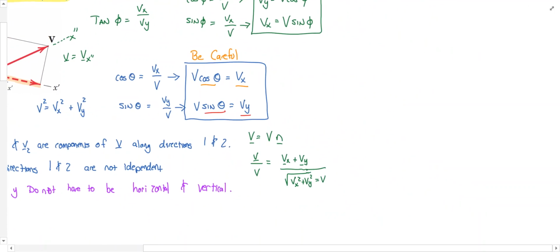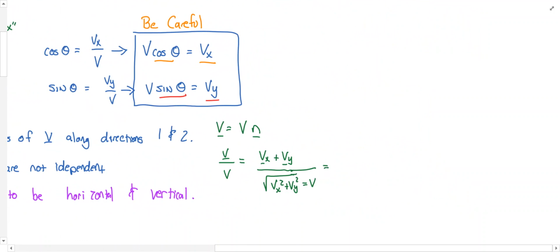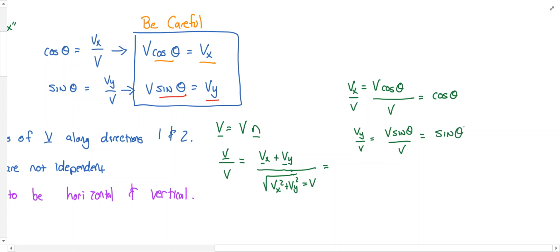And so if we were to look at this, well, vx, we wrote in magnitude form here as v cosine theta. And if we divide that by v, we're left with cosine theta. And for vy by v, it's v sine theta by v. So that's just sine theta.